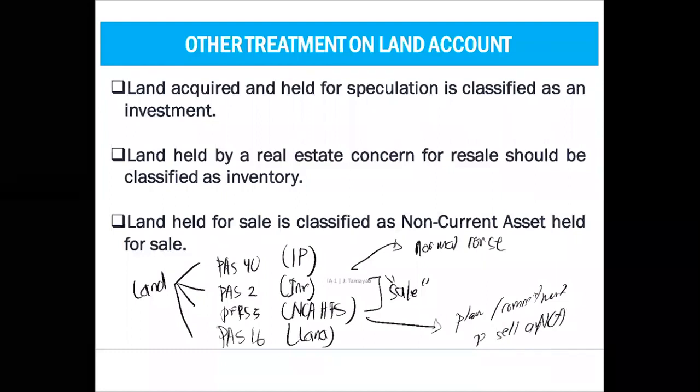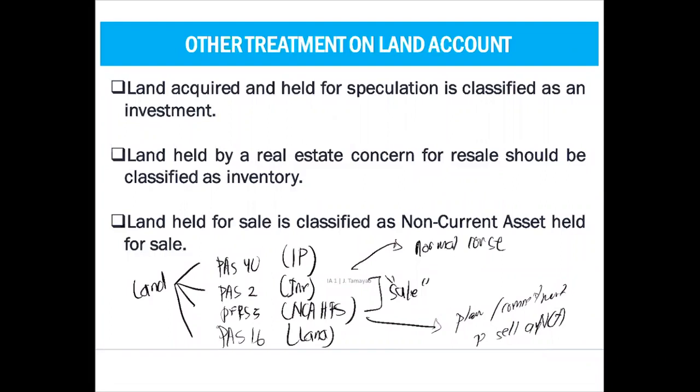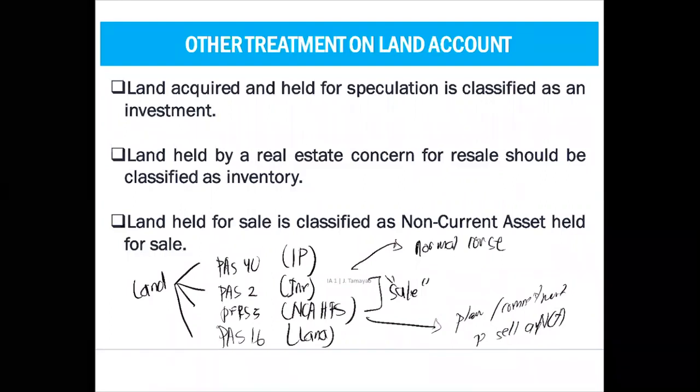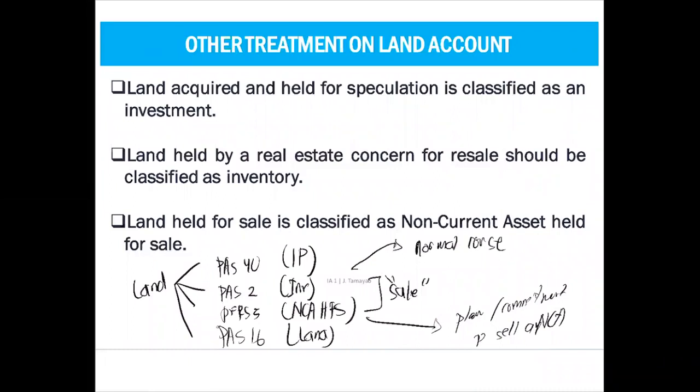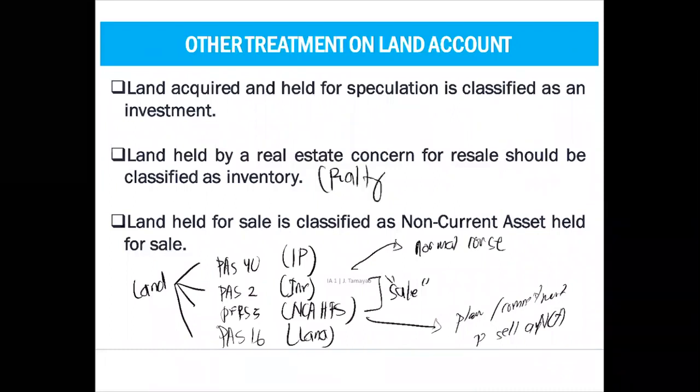So under PFRS 5 yan, non-current asset held for sale. So again, in PAS 2, this is a sale based on your normal course of the business. You are holding the land for sale in the normal course of the business. Normally, this is for your realty companies. While a land held for sale will only be classified as non-current asset held for sale if that is not your normal course of the business.